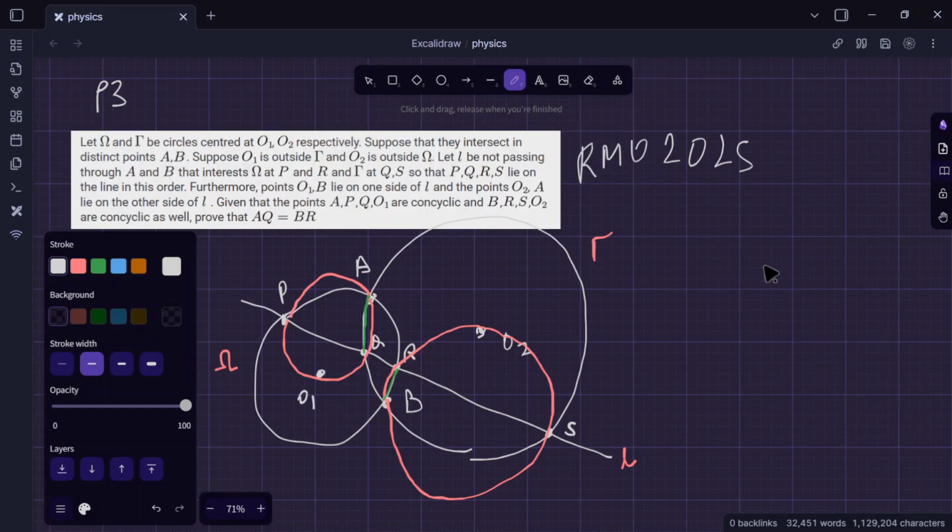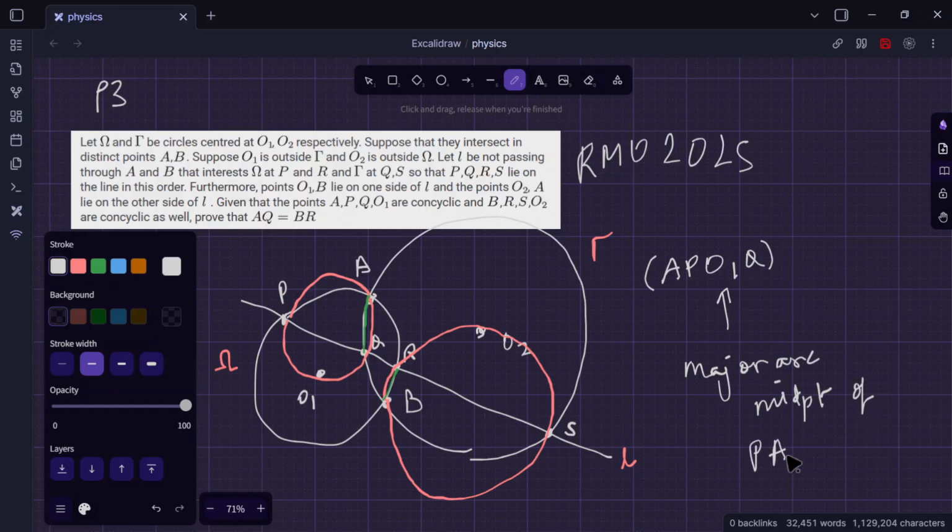Okay. So we'll start by noticing that in the circle A, P, O1, Q, O1 is the arc midpoint of the arc PA. It's the major arc midpoint of PA.